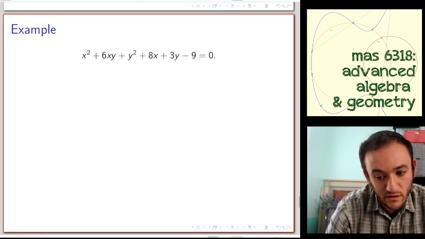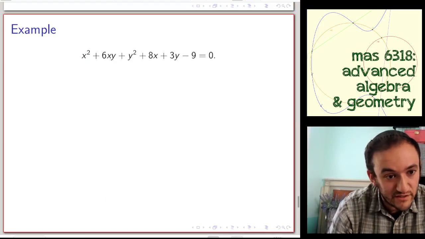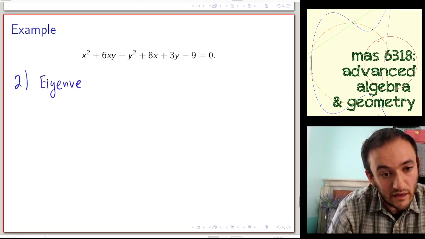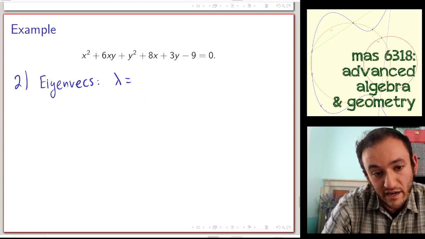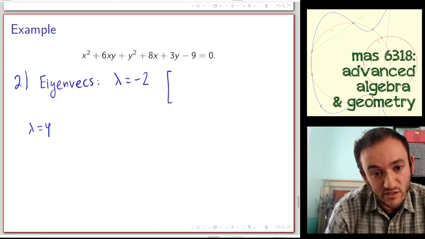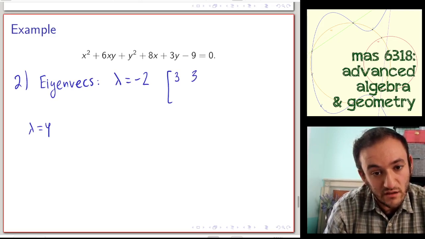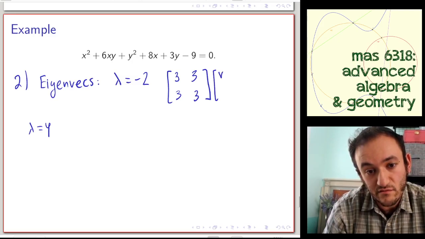Again, our matrix is 1, 3, 3, 1. So now we have to find the eigenvectors, for lambda equals minus 2 and lambda equals 4. For lambda equals minus 2, the matrix would be 1 minus negative 2 is 3. So 3, 3, 3, 3 times v1, v2 equals 0.